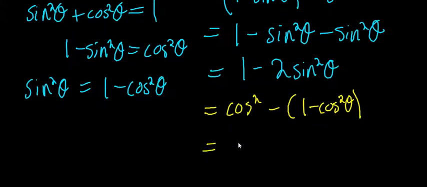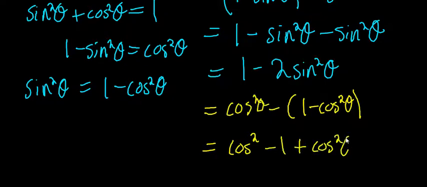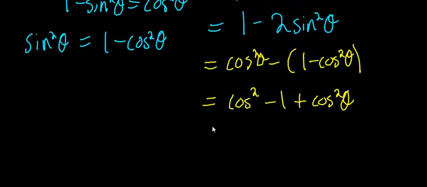Distributing the negative sign, we get cosine squared of theta minus 1 plus cosine squared of theta, which is equal to 2 cosine squared of theta minus 1.